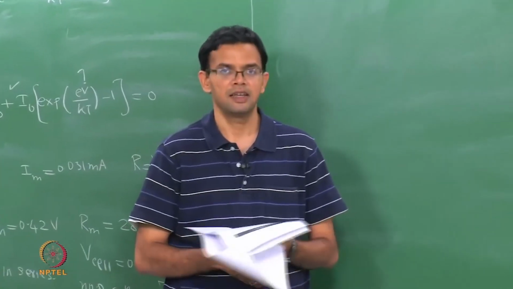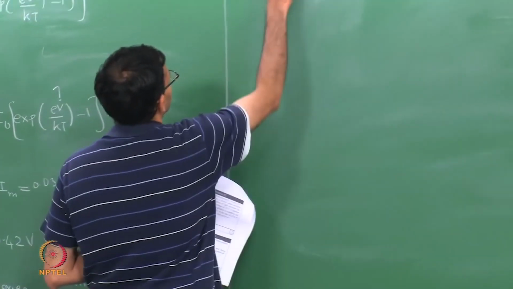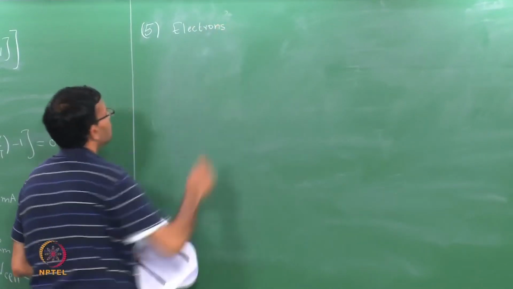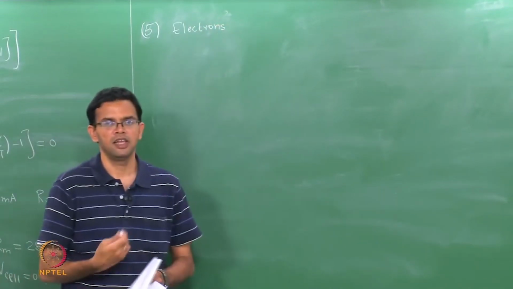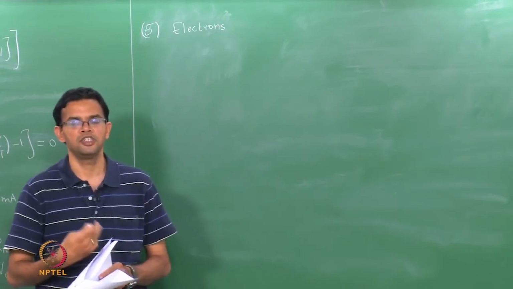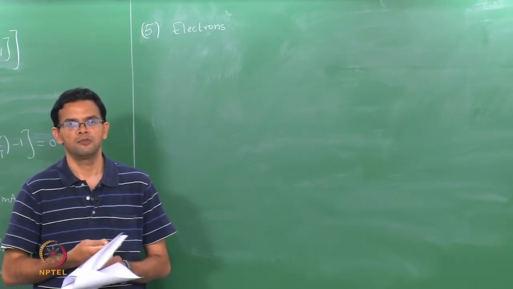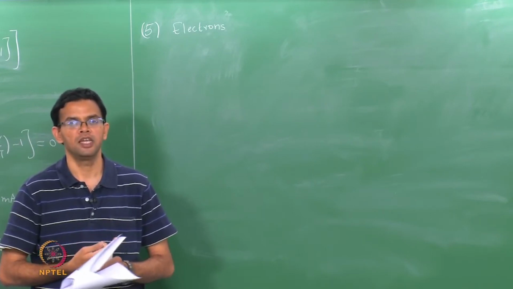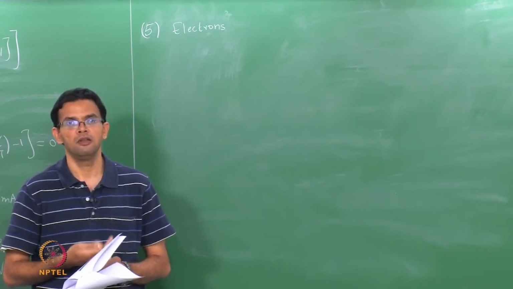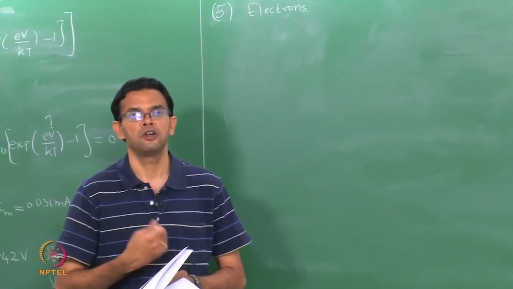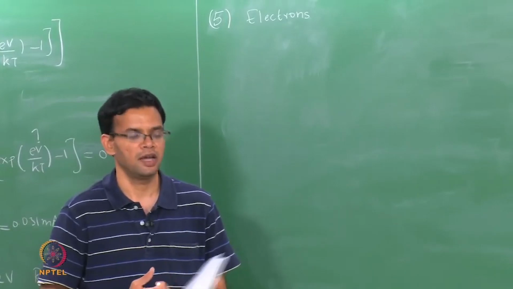So, in this particular case we are going to take electrons to be the minority carriers. The increase in current is always due to the increase in the minority carriers. This is especially true when we have weak illumination, where we assume that the illumination intensity is smaller compared to the concentration of the majority carriers.